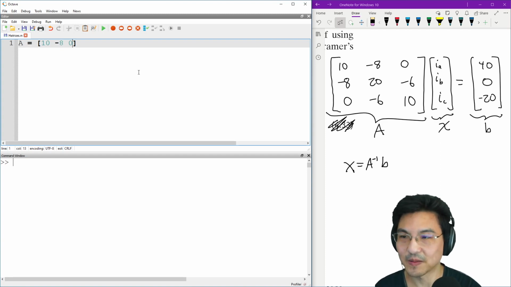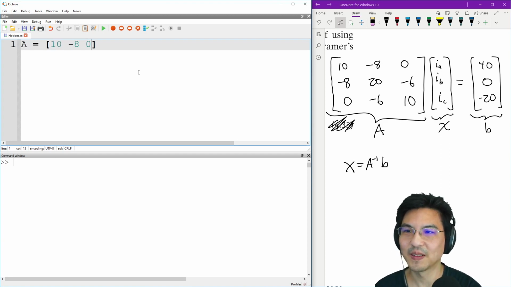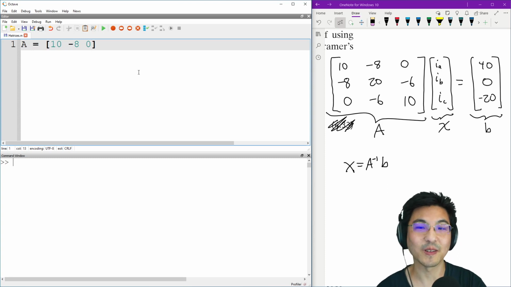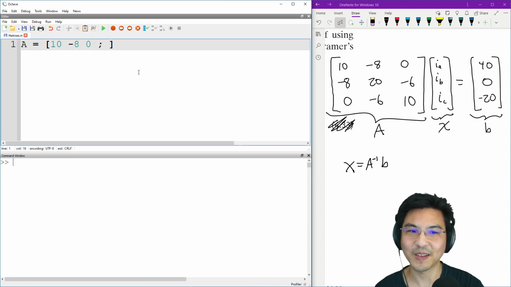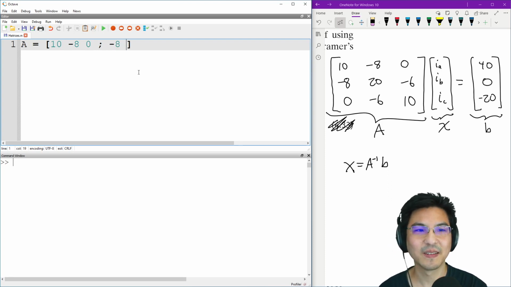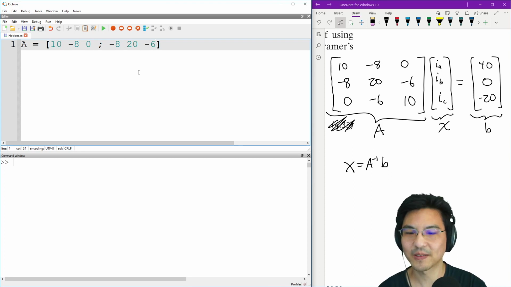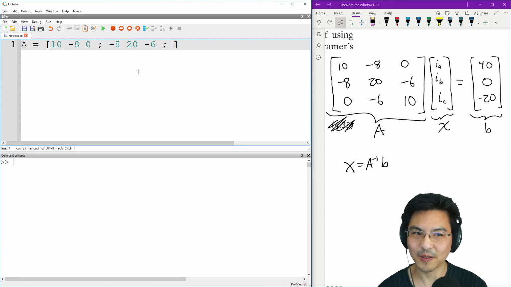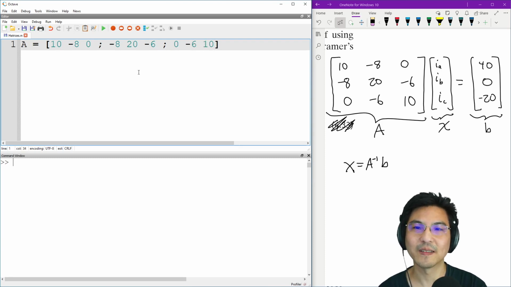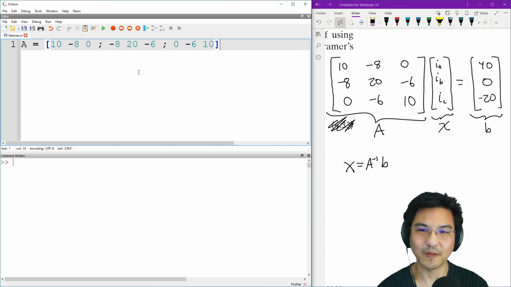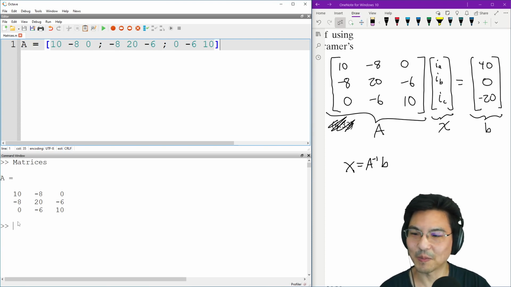And let me see if I can make this bigger. Okay, and then to go to the second row, semicolon. So now second row, minus 8 space 20 space negative 6, semicolon to go to the third row, 0 space negative 6 space 10. Okay, so let's say if I just run it, see this is the matrix here.